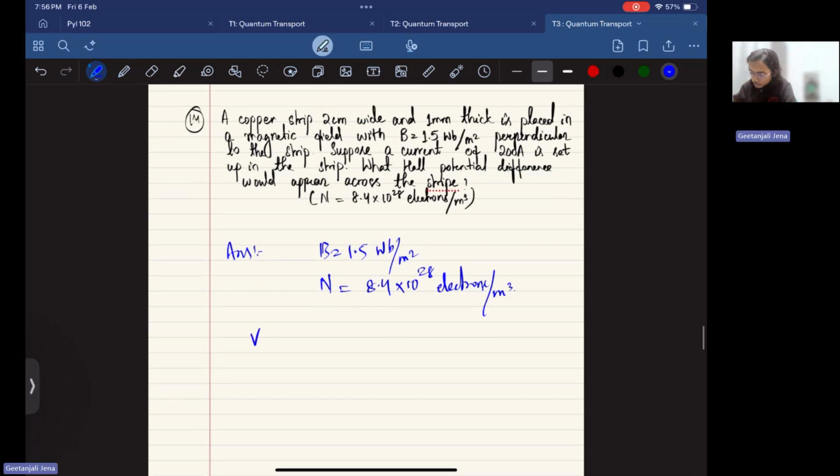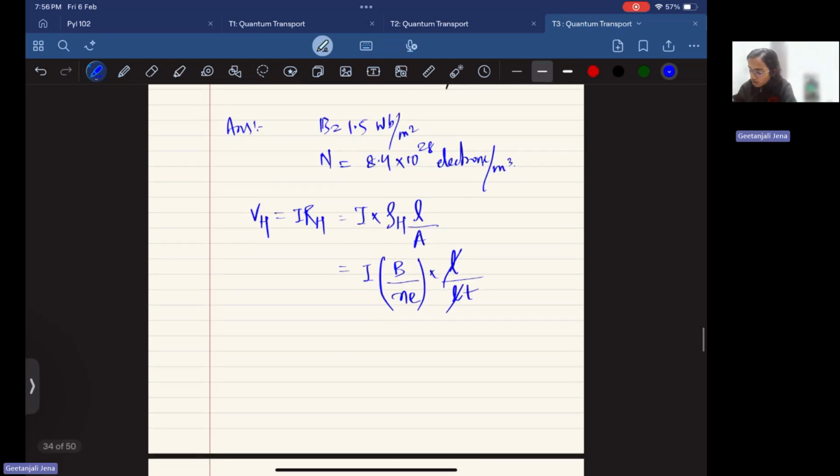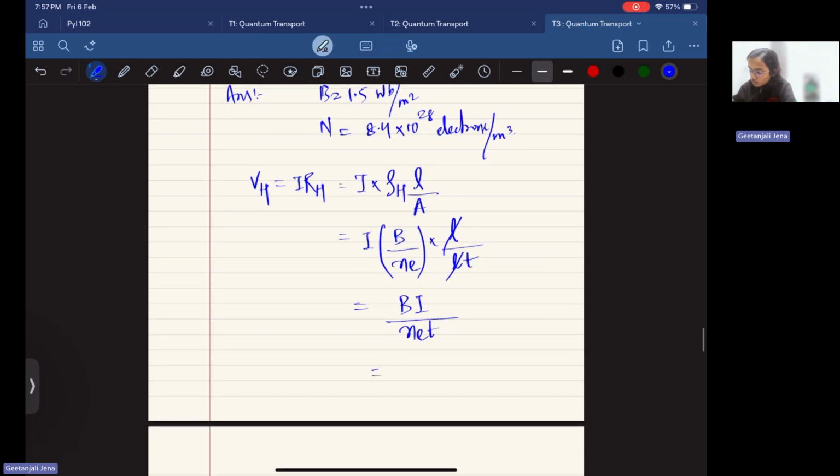So this you can calculate as VH, you can write it as I times RH, or I times the Hall resistance, you can write it as Hall resistivity times L by A, or you can further simplify it. Rho H is B by n e, L by L t. So the Hall potential difference is given by B I by n e t. B is given, it is 1.5 Weber per meter square.